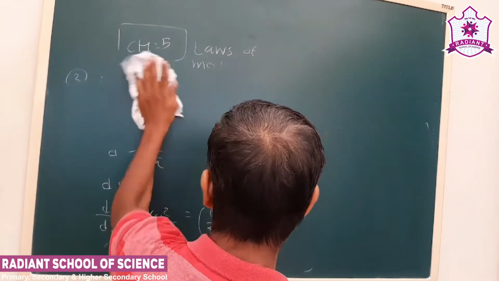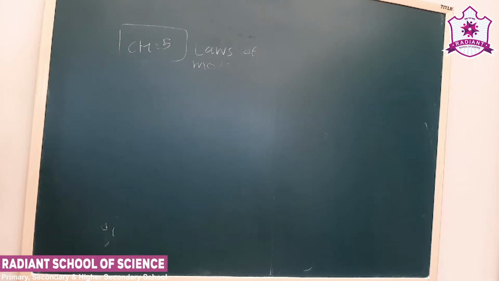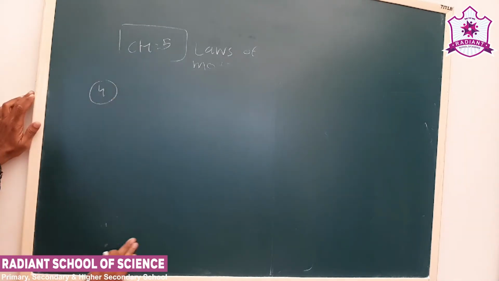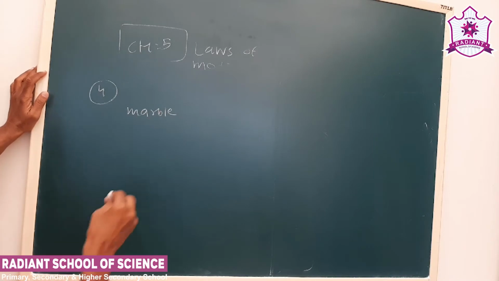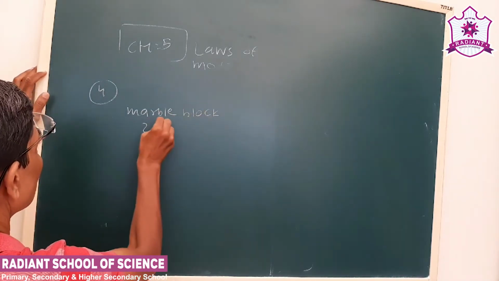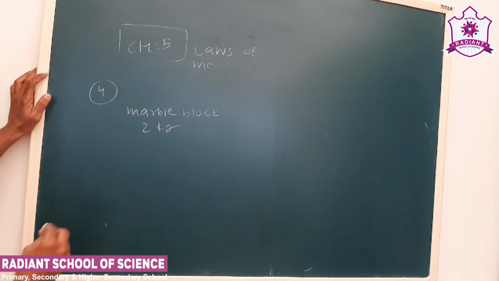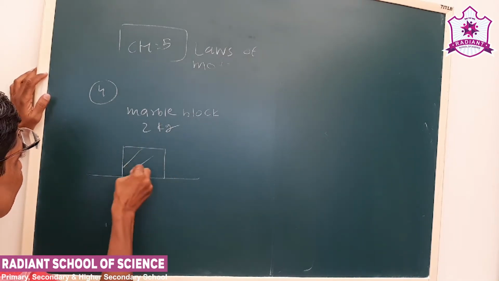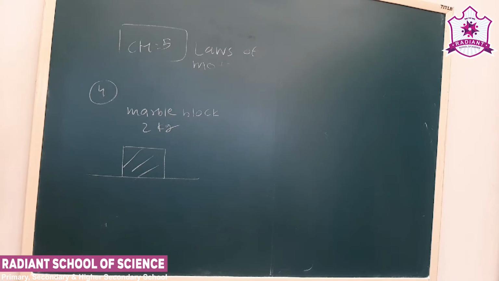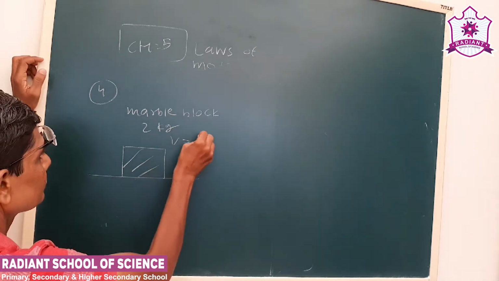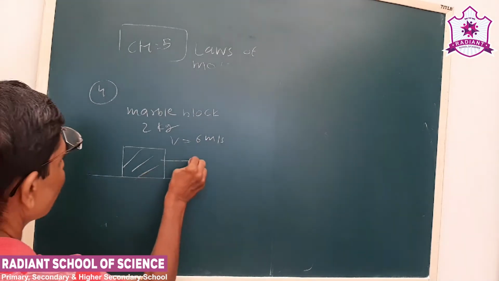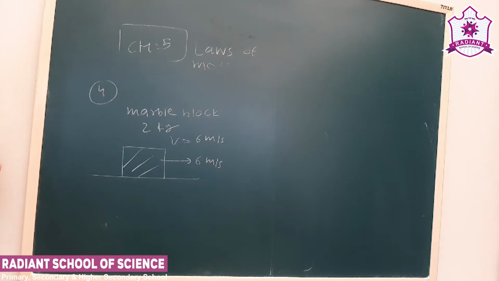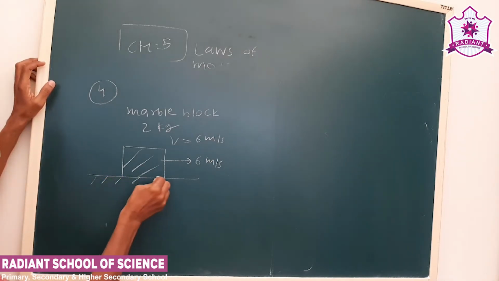Now see our next question. A marble block of 2 kg is lying on a horizontal surface and is given a velocity of 6 meter per second. It stops in 10 seconds due to the friction of the surface.